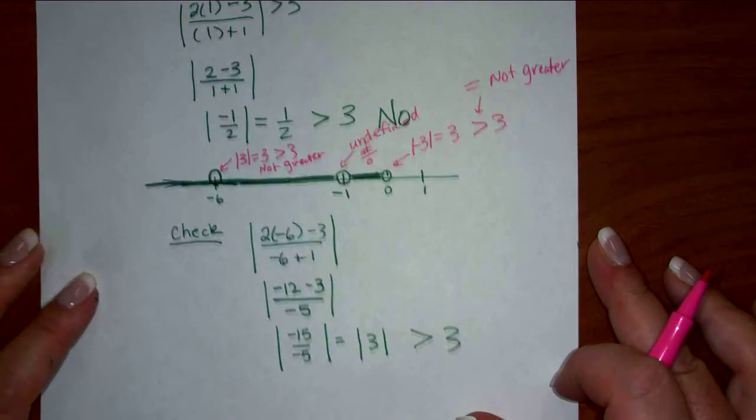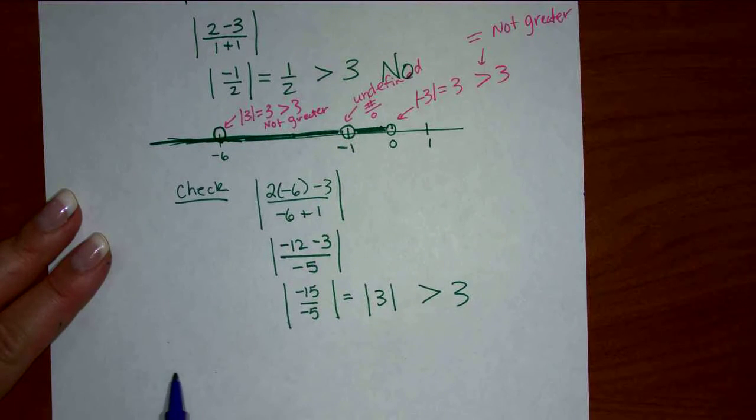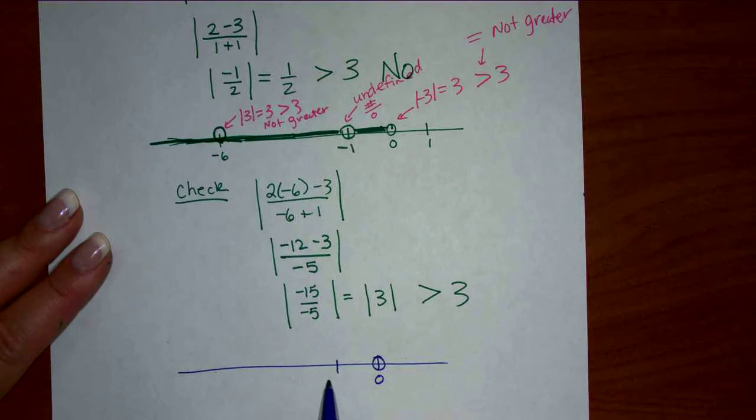Okay, so how would we write the solution to something like this? So we have a hole at 0, we have a hole at negative 1, and we have a hole at negative 6. These numbers will work.